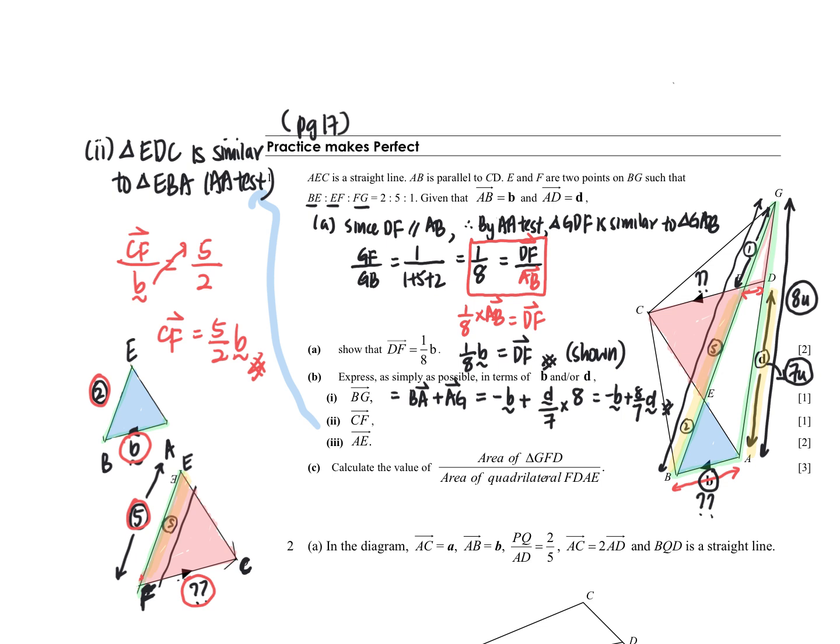Okay, last one is AE. They want you to find AE. This one. So how to link to AE? AE I can find by using what plus what?